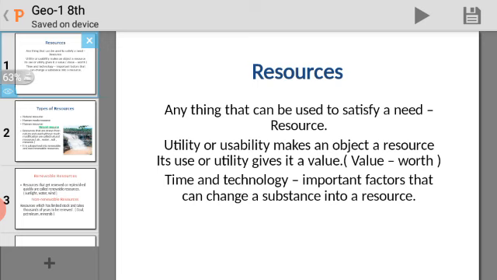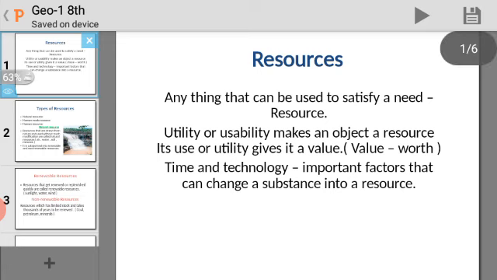Time and technology are the important factors that can change a substance into a resource. In the earlier period, the requirements were different, but in the present period, our requirements are different.